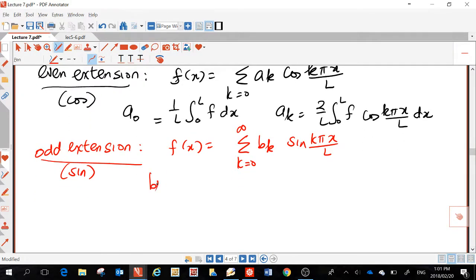And in this case, of course, only one of these survives. bk will be 2 over L, integral from 0 to L, f sine k pi x over L dx. That's the integral.